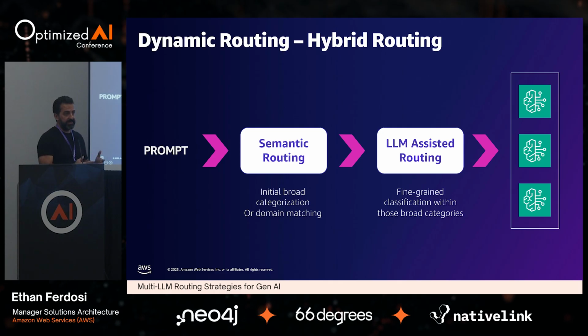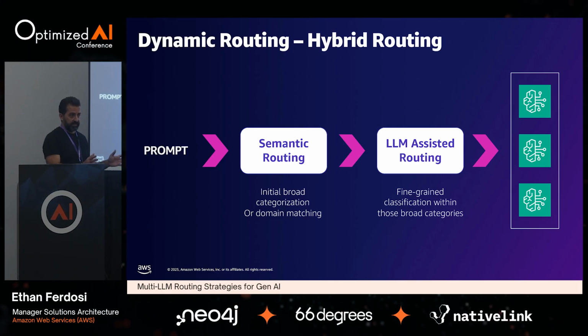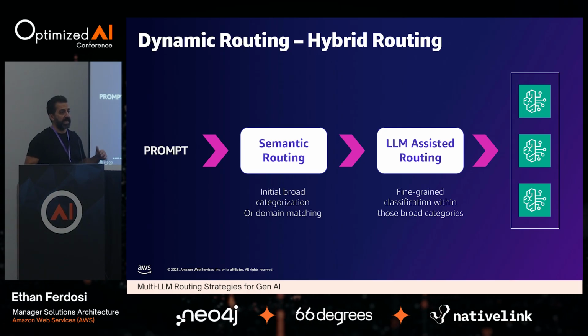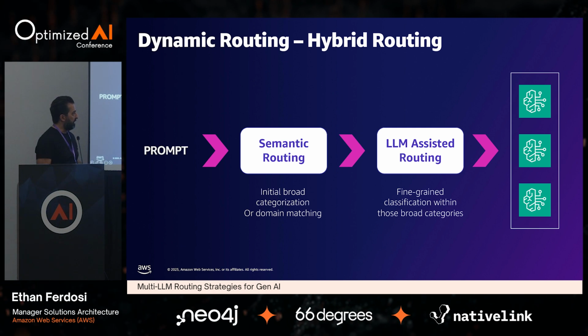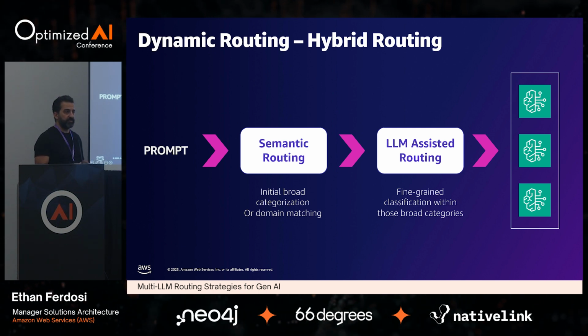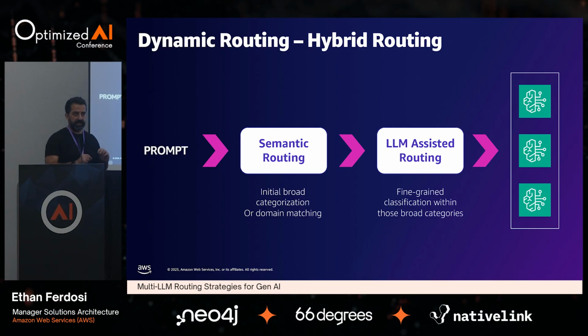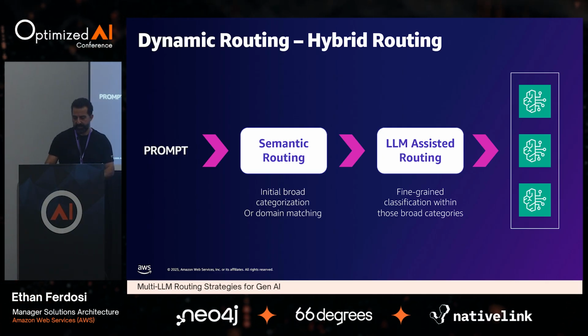And based on that, the initial definition, the broad categorization, is decided. Is it technical support, is it billing, or is it something else? And then based on that, they send the prompt again, or follow-up prompts, to another LLM, and that's where it does the more fine-grained analysis to say that this should go to the specific person or team that needs to handle this operation.